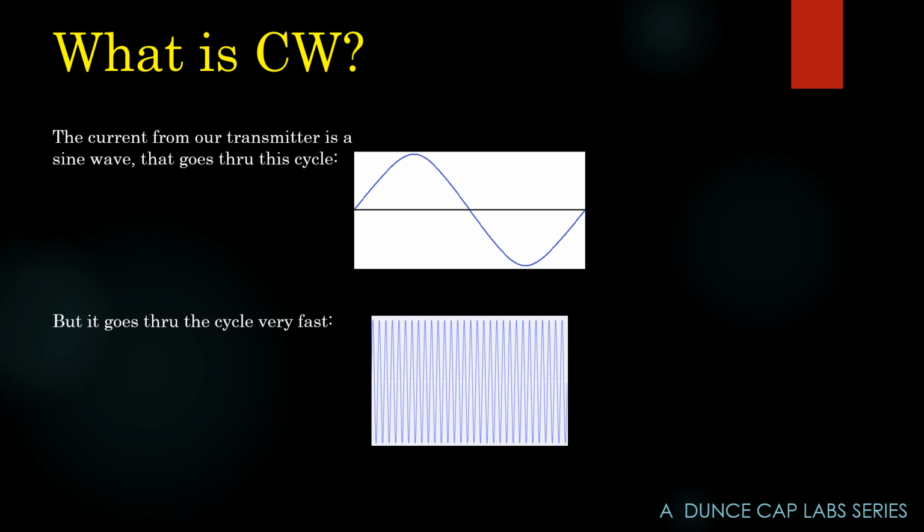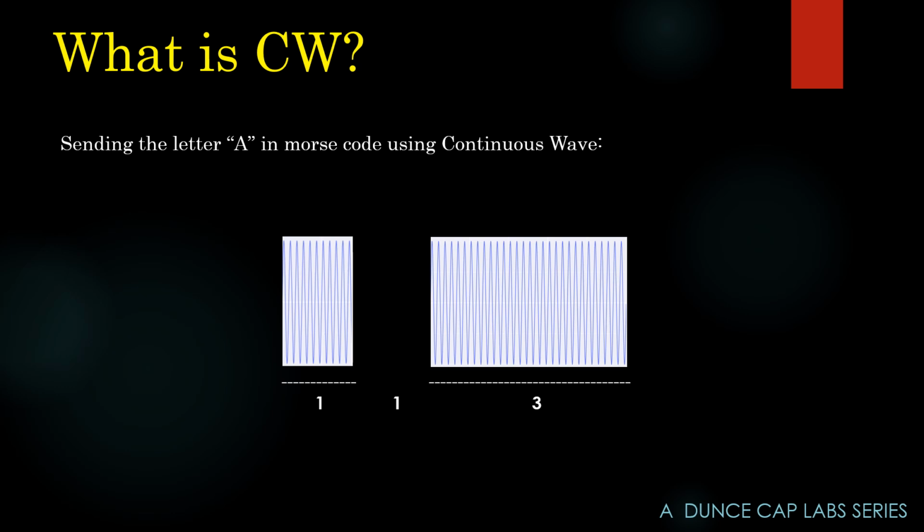Now, when it comes to ham radio, we use CW to send Morse code. Here I'm sending a short burst and a long burst. That's the letter A. Now, why you would call something interrupted like this continuous wave goes back to that thing about spark.